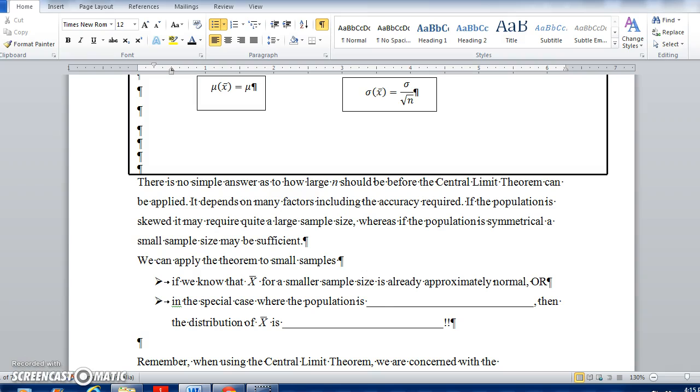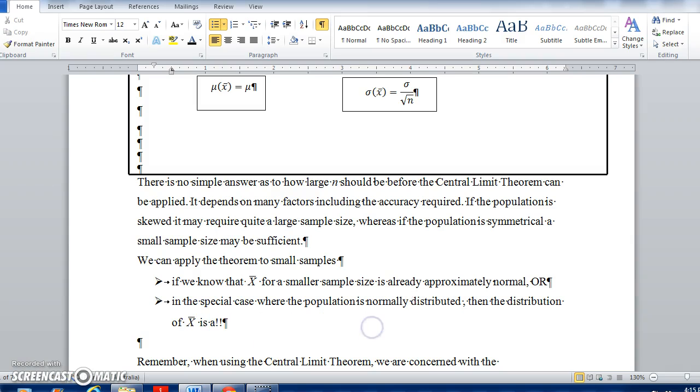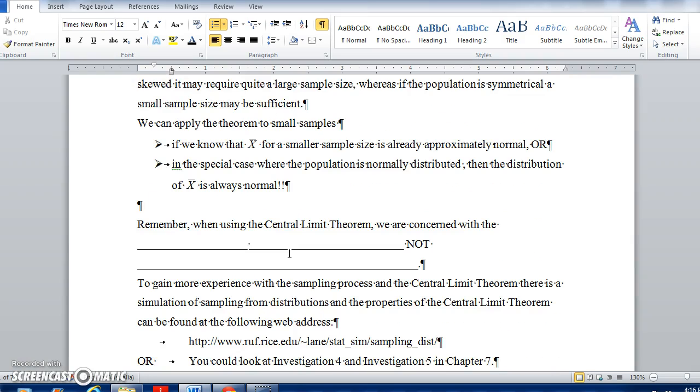So it's going to be fine. Also, in the special case where the population is normal or normally distributed, then the distribution of x bar is always going to be normal, and so in those cases we can apply the central limit theorem to those sample sizes as well.